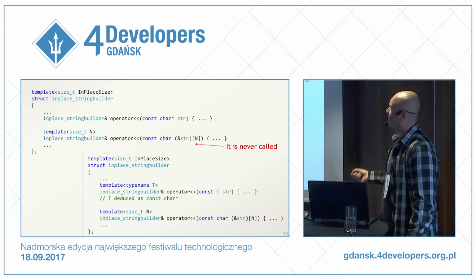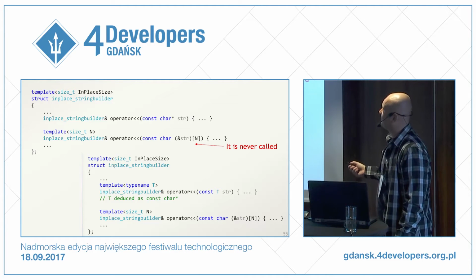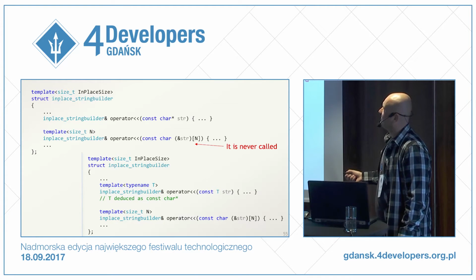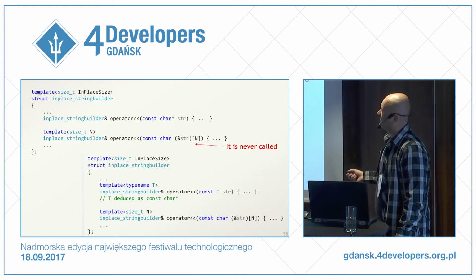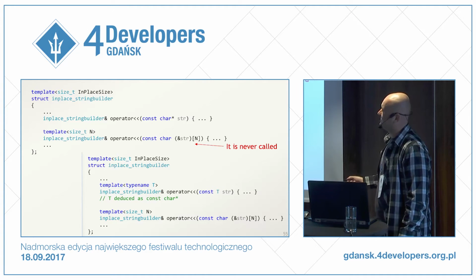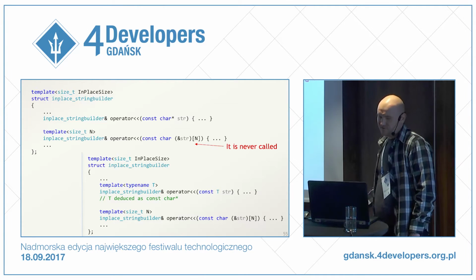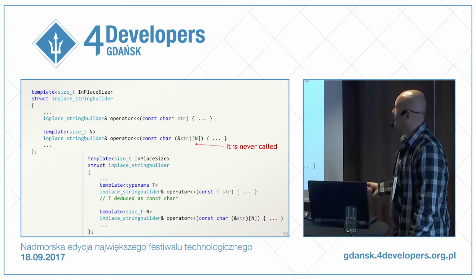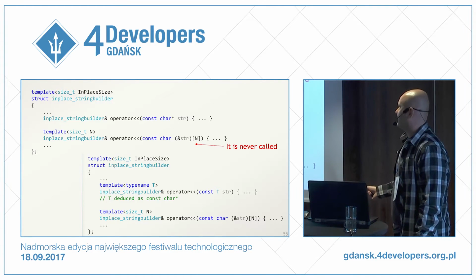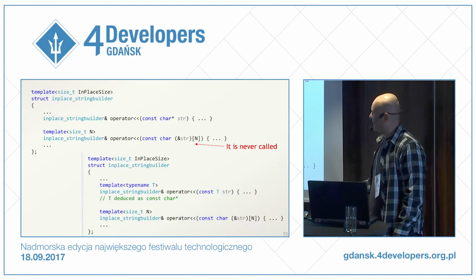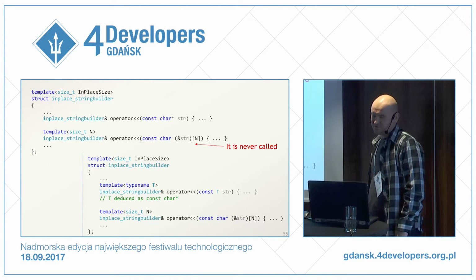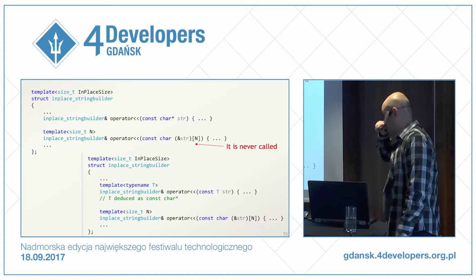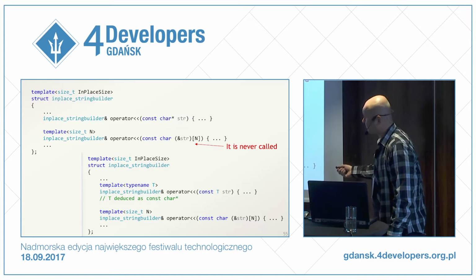The string literals will decay easily into this non-templated overload, rather than to overloads generated by this template member function. So to bypass this issue, you need to make the first member function templated as well, and then it will work.